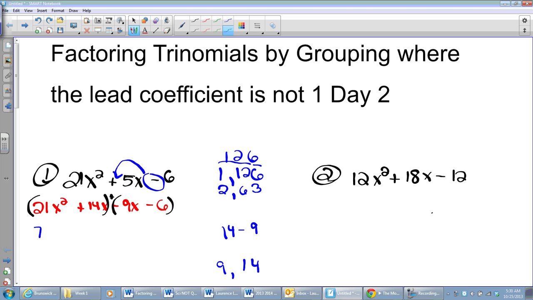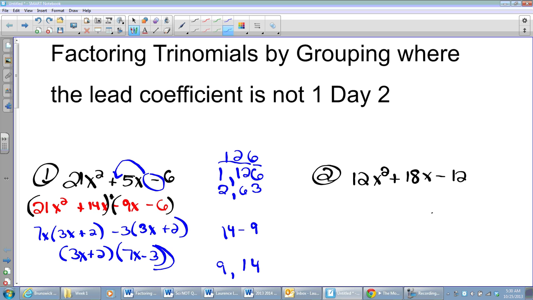First quantity looks like it's going to be a 7x. I'll get 3x plus 2, and then I'll pull out a negative 3. 3x plus 2 is left, and we'll get 3x plus 2 times the quantity 7x minus 3. And there you go. See, I didn't waste my time listing all the factors, I just kind of used some common sense.